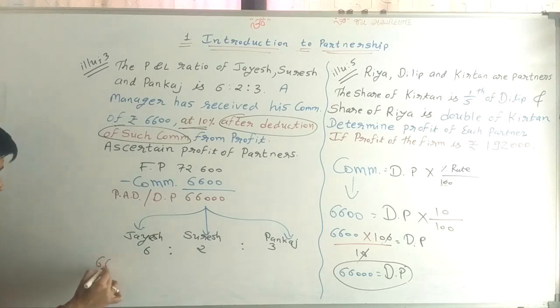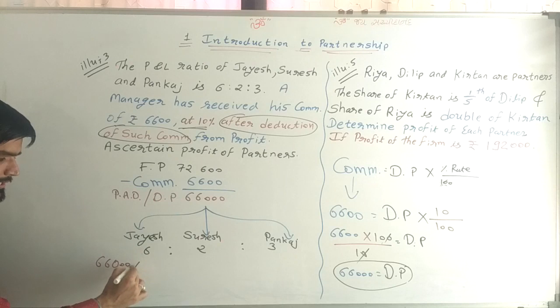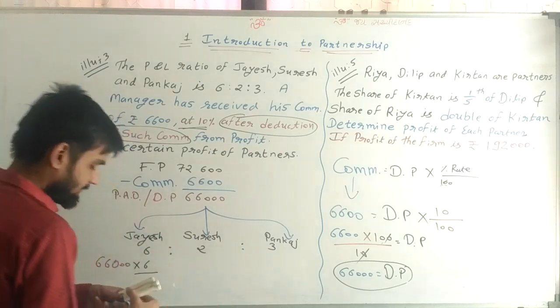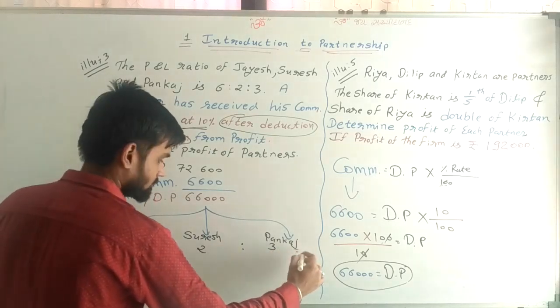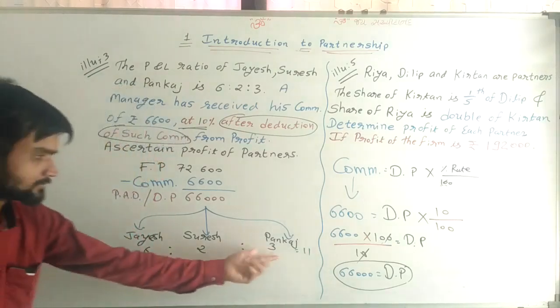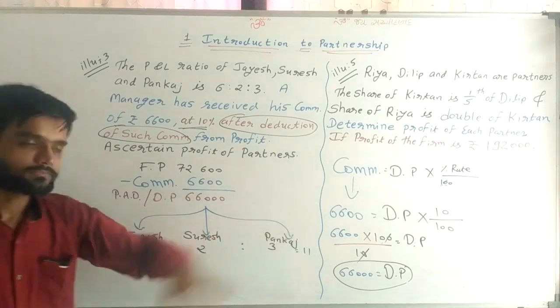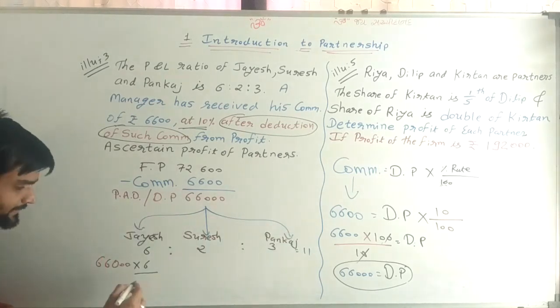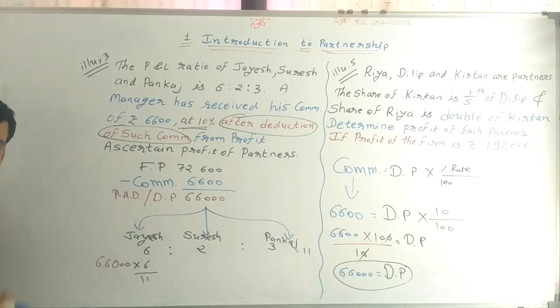So first of all, write down 66,000 into 6, divide by the total of these three. 6 plus 2, 8. 8 plus 3, 11. This is my P&L ratio. So divide by 11.